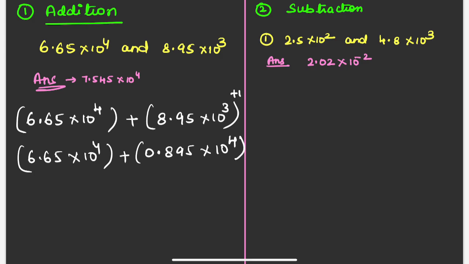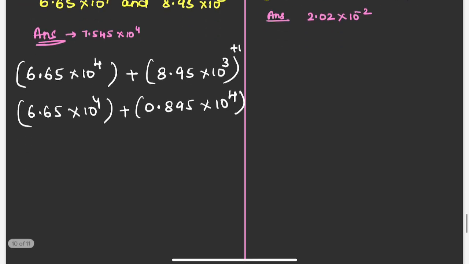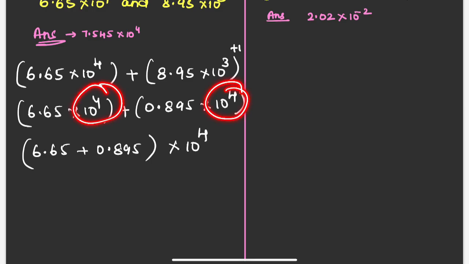So now I have made the powers equal, 10 to the power of 4 and 10 to the power of 4. Now I can add these numbers. I'll write here (6.65 plus 0.895) into 10 to the power of 4. Because if both these powers are the same, you can write it outside the bracket.